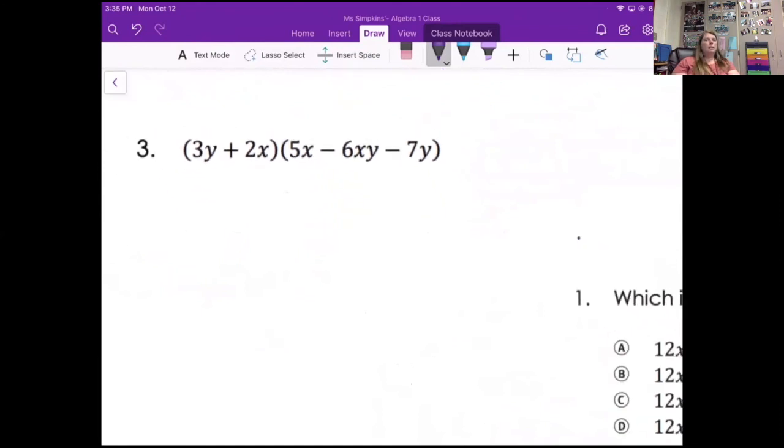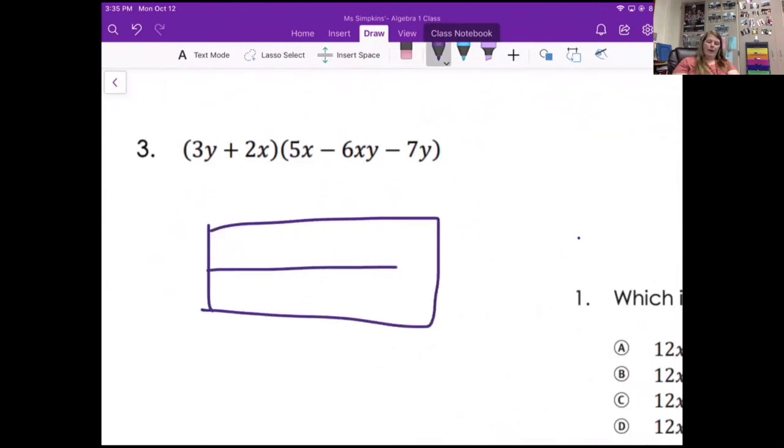How big is my box gonna be? 2 by 3, because I have a binomial times a trinomial, 2 terms times 3 terms. So here's my box, here's my 2, and then my 3. So I'm essentially gonna have 6 boxes.